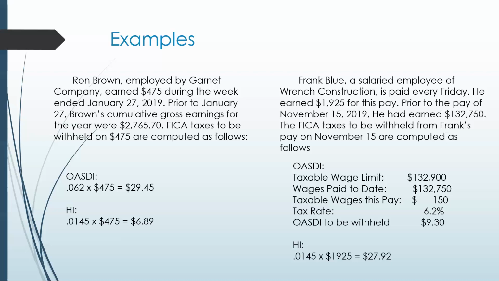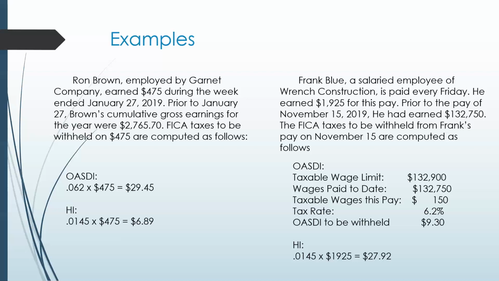You would know as an employee too, if you saw something like that, you'd think, wait, something's totally wrong here. Just do that reasonableness check and say, if this were me getting a $475 check and I saw that Social Security was taken out at $290, I would have thought something's a little bit weird there. So go back and double check your calculations and see if they make sense.